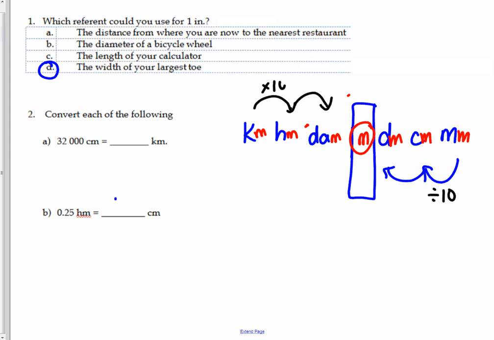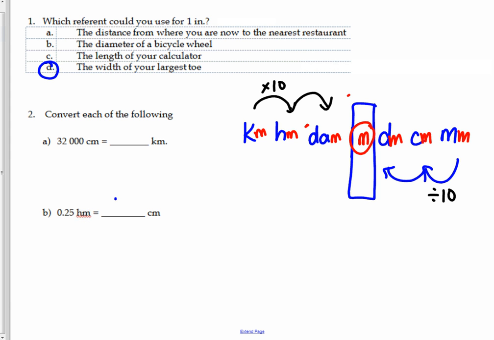Okay? So we're going to do some conversions. For example, I have an example up here. It's not in your book. 32,000 centimeters. That's right, because you're going to have more of the smaller unit to equal 1 big unit.